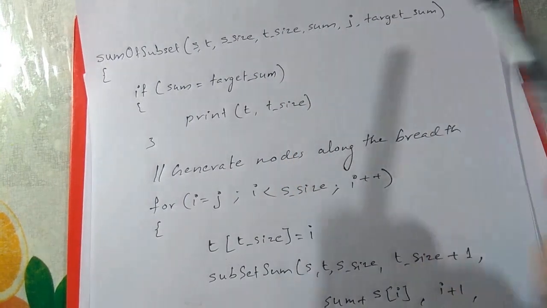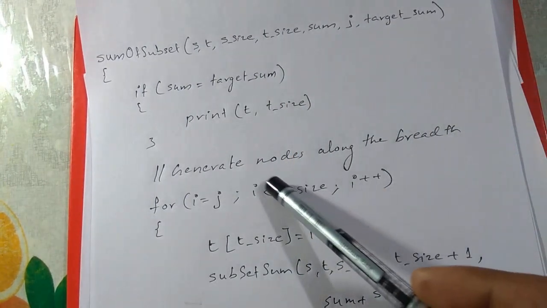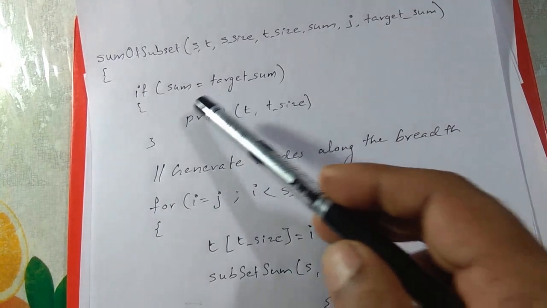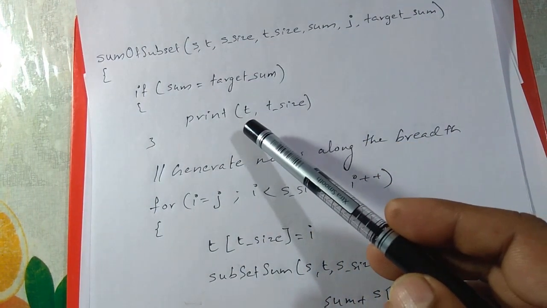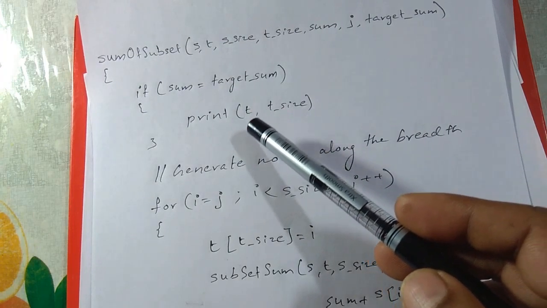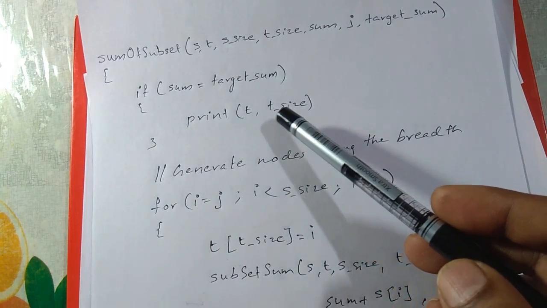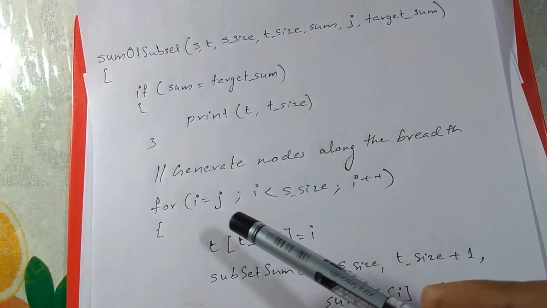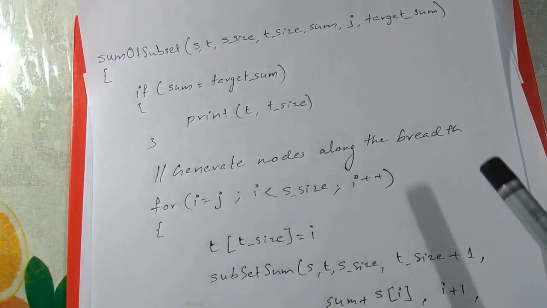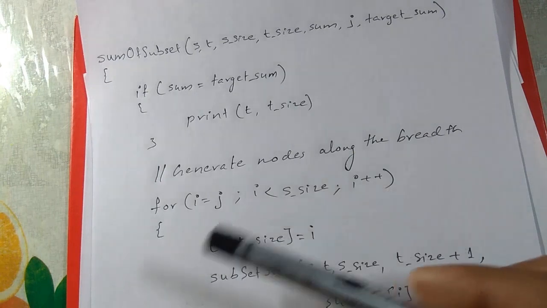Then our target sum. If we have met the target sum, that is sum equal to target sum, we will print the resultant array, its current size is recorded, and after printing we will proceed to the next level of nodes.